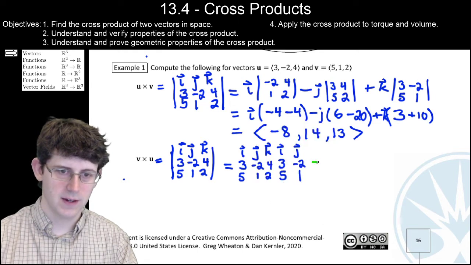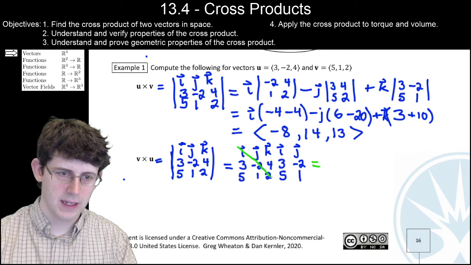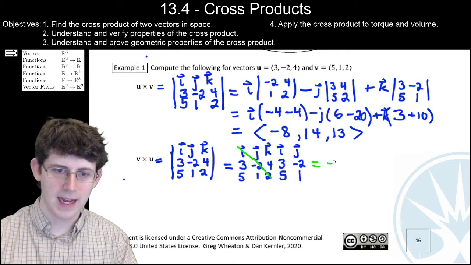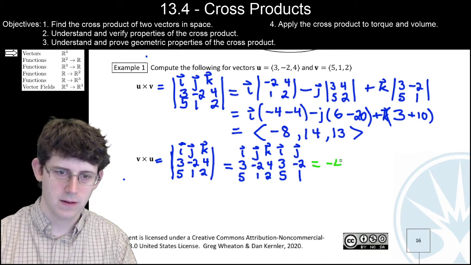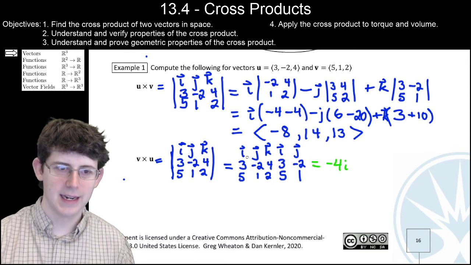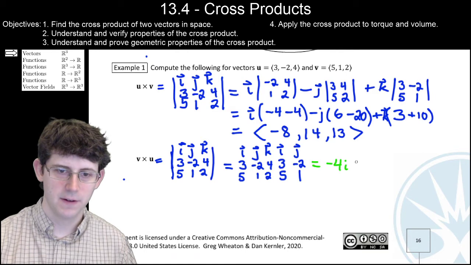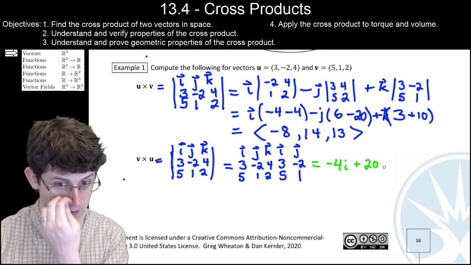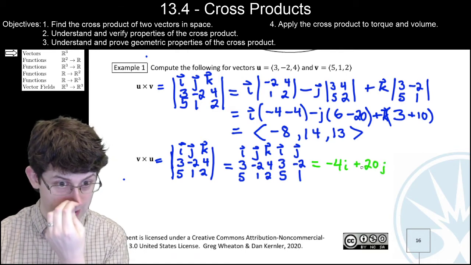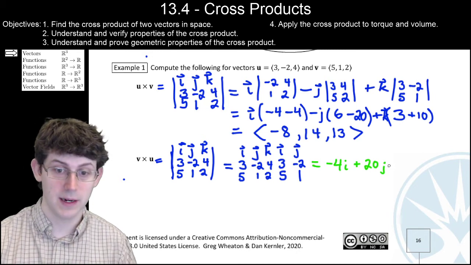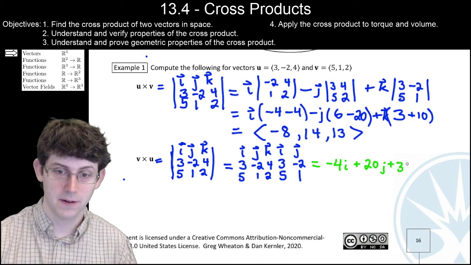Let me show you what I mean. Here's one diagonal: I multiplied i times minus 2 times 2, that's minus 4i. Then I multiplied j times 4 times 5. And then I multiply k times 3 times 1. And those all count positive.